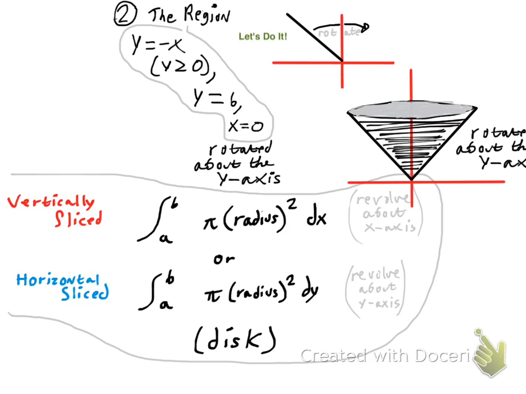So, looking back at our graph of the three-dimensional cone here, we notice that if we were to slice it up, which in this case we're horizontally slicing it because we're revolving around the y-axis, then we have all these infinitesimally small slices, and the height of these slices, so to speak, is dy, however you want to put it.